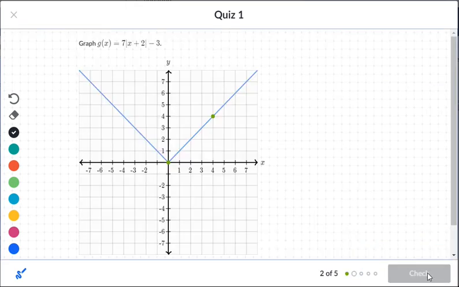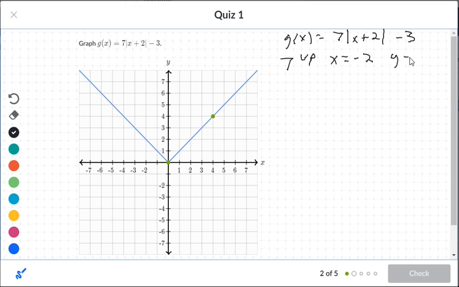Okay, I want to make a graph, so we're going to write down our question here. We're going to say g of x is equal to 7 times the absolute value of x plus 2, minus 3. We have a 7. The 7 is positive, so it's going to go up. It's also going to be a tight, narrow graph. It's not going to be very wide. The x itself is going to equal negative 2, because it's the opposite number that you see.